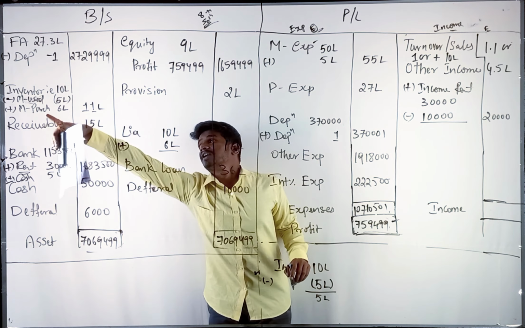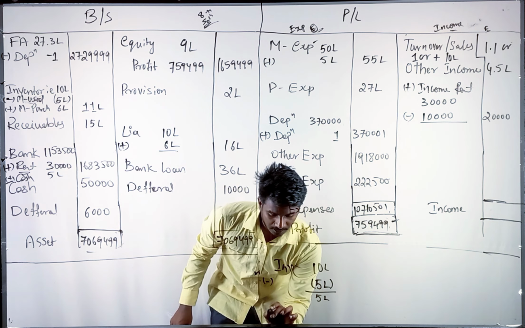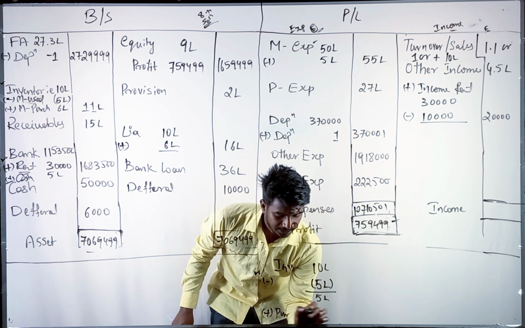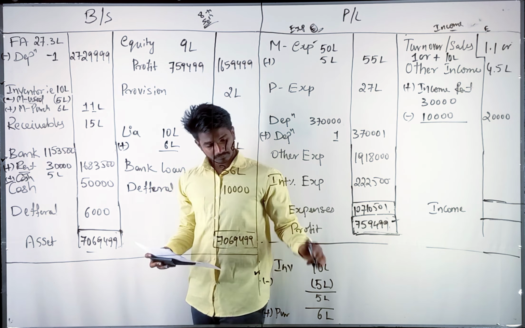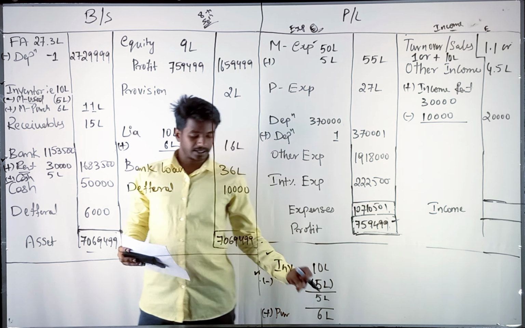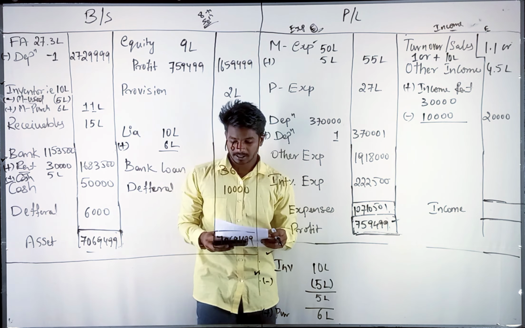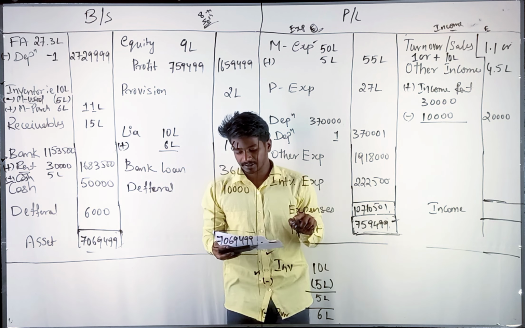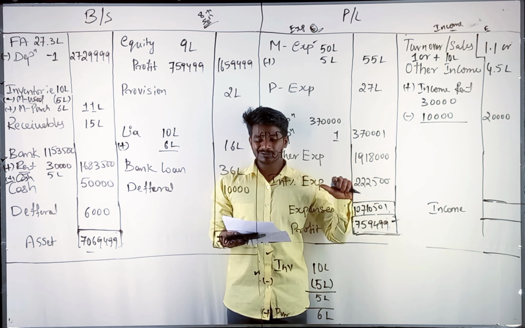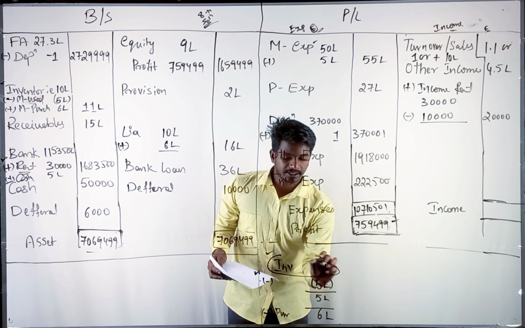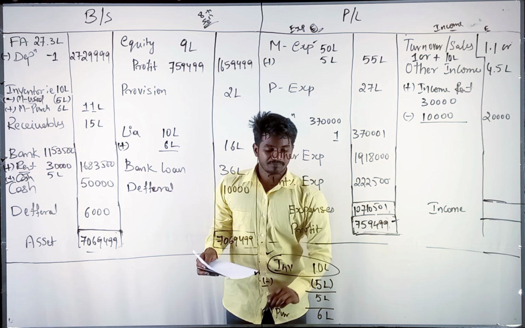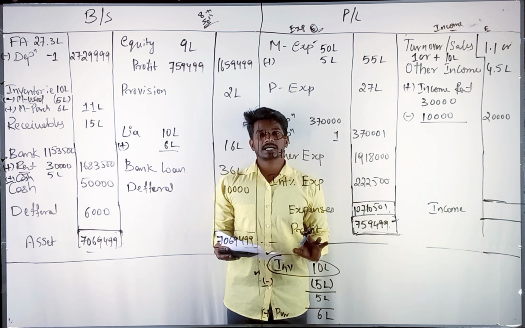Then again we have purchased some material for 6 lakhs. Now here they are asking the question. What they are asking: inventory was 10 lakh, out of that we have used 5 lakh rupees of material.